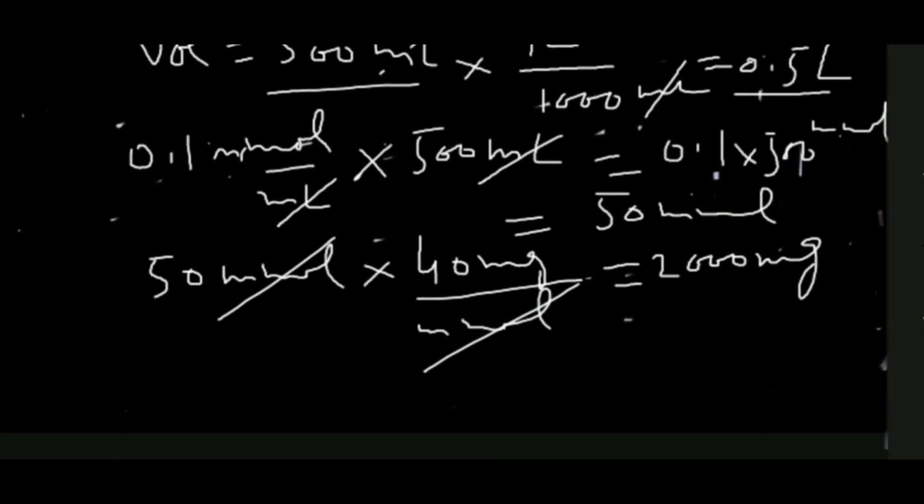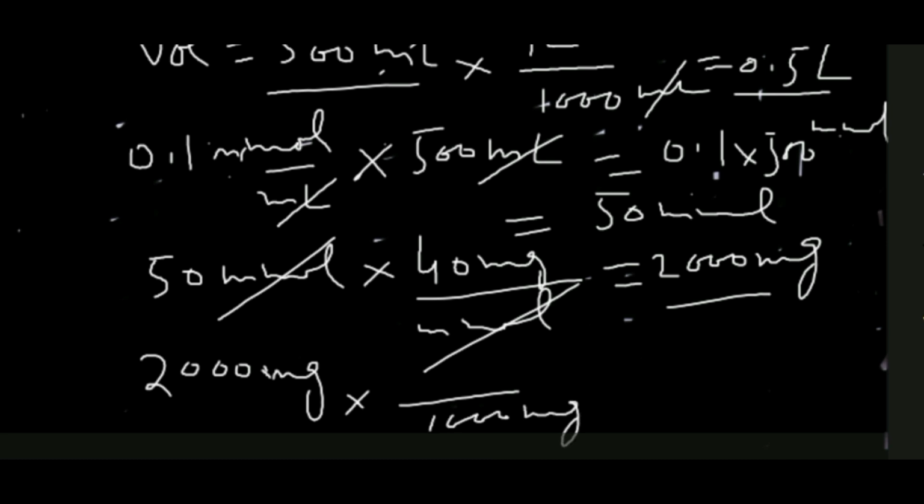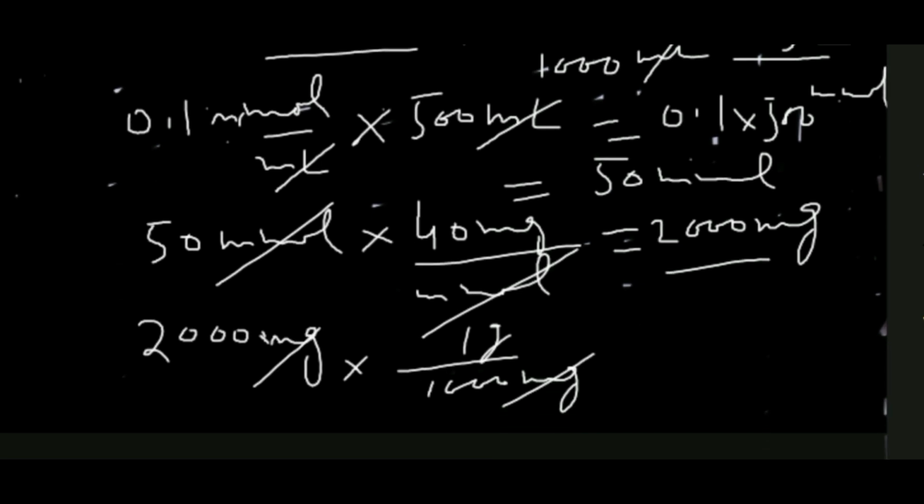In order to convert this milligram into gram, we know that 1000 milligram is equal to 1 gram. So milligram will be cancelled, and if we divide 2000 by 1000, we will get 2 gram.